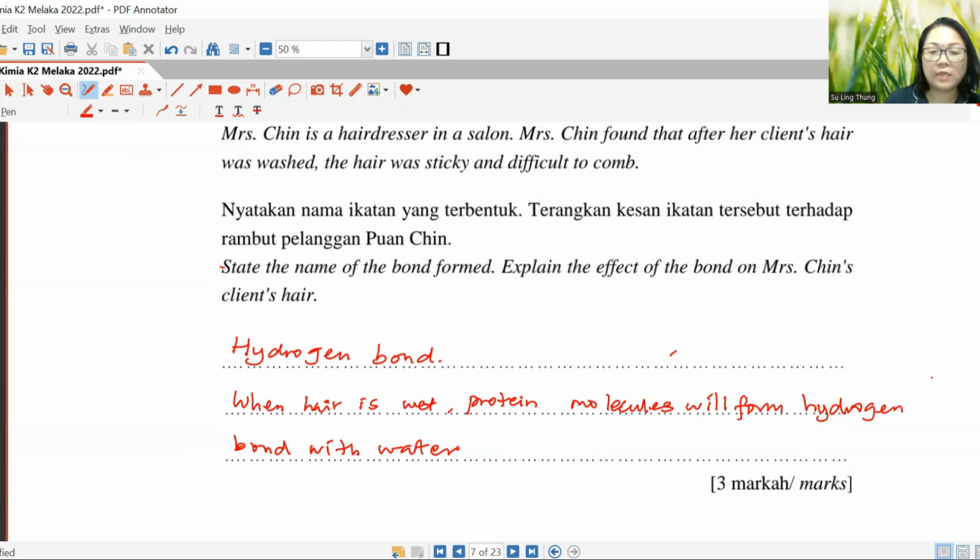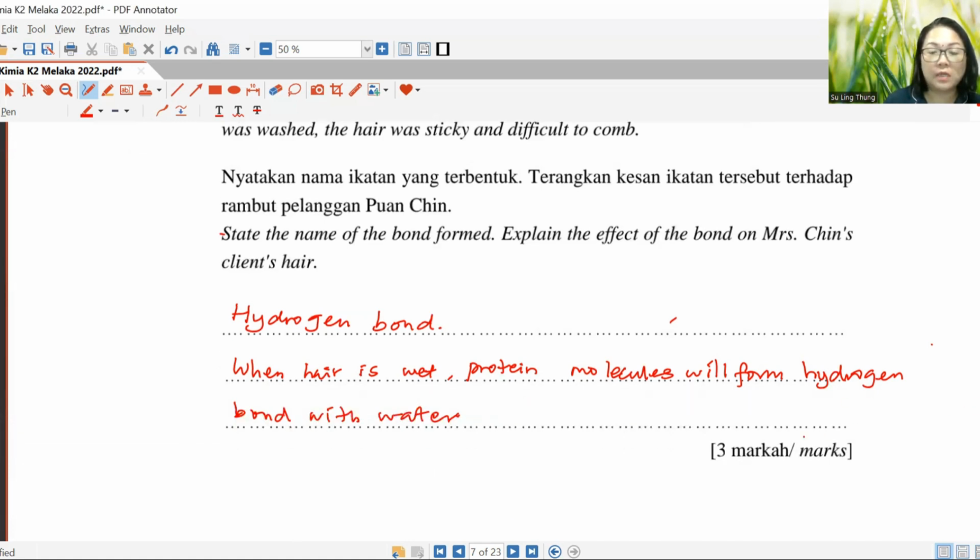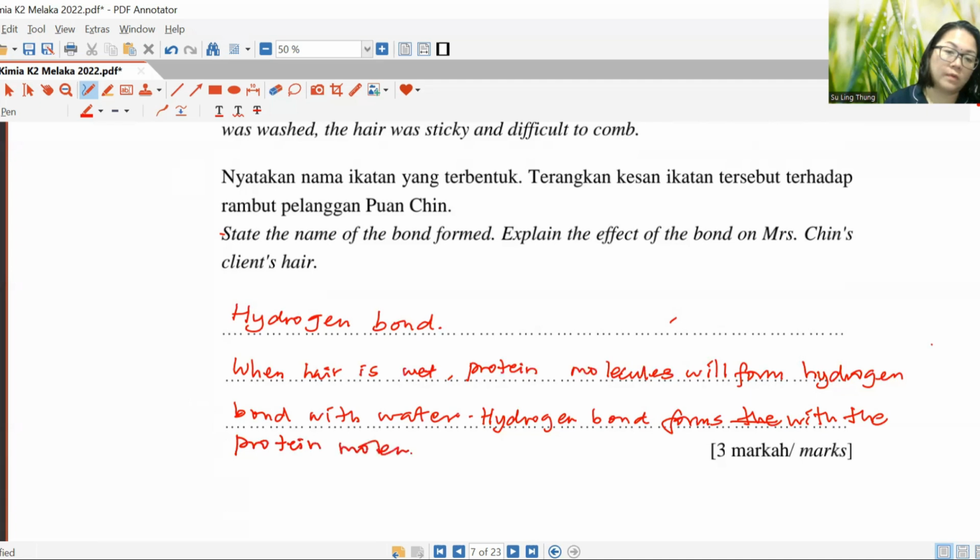Okay, how to get the third mark? The third mark is water molecules form hydrogen bond with the hair protein molecule. So hydrogen bond forms with the protein molecule in hair.